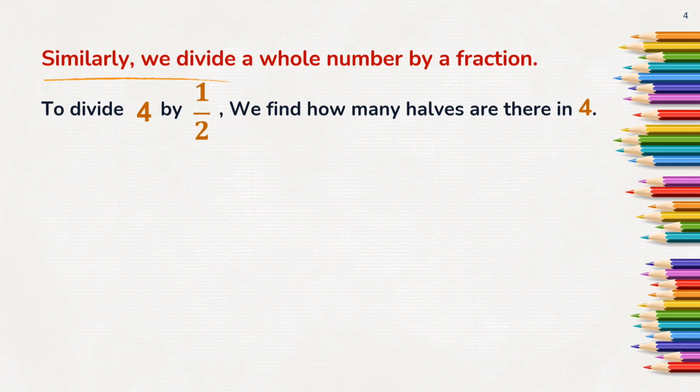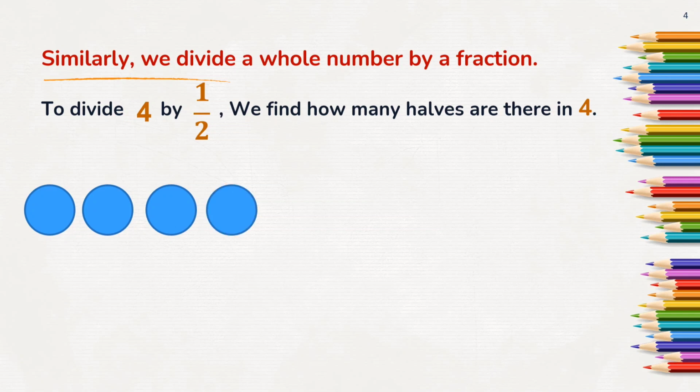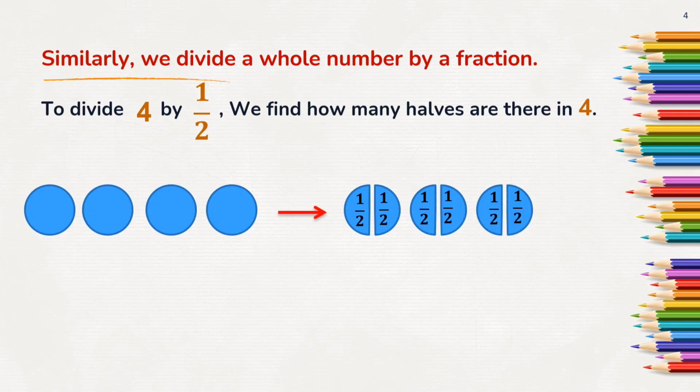So here one whole is divided into two halves, right? So here in one whole, if we make two halves, in 4 there will be 8 halves, right?